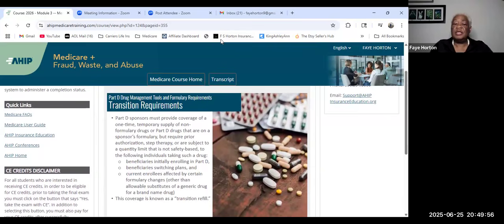Part D sponsors must provide coverage of a one-time temporary supply of non-formulary drugs or Part D drugs that are on a sponsor's formulary but require prior authorization, step therapy, or are subject to a quantity limit that is not safety-based to the following individuals taking such drugs.